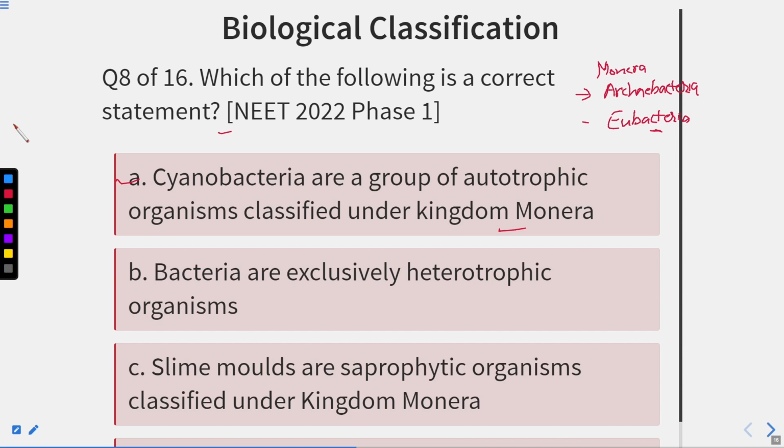Next option is bacteria are exclusively heterotrophic organisms. Here they are saying exclusively, so this is incorrect. Slime molds are saprophytic organisms classified under Monera. Slime molds are saprophytes, this is correct, but they are protists. They come under kingdom Protista.